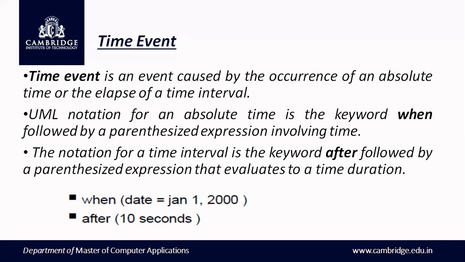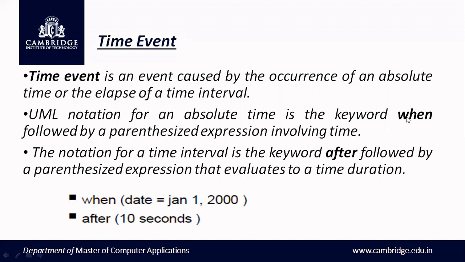Once the specified number of seconds has elapsed, the transition takes place. So that is the occurrence of the time event. Basically, when we are using the UML notation, we have two keywords that we use.